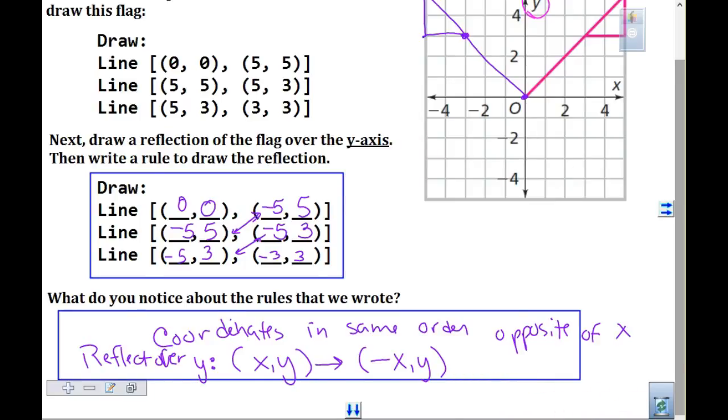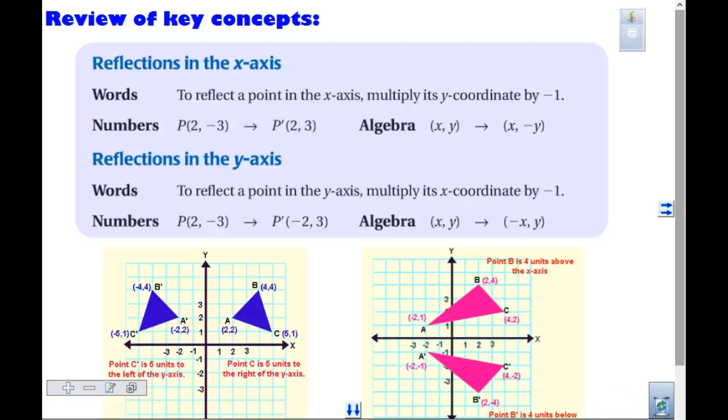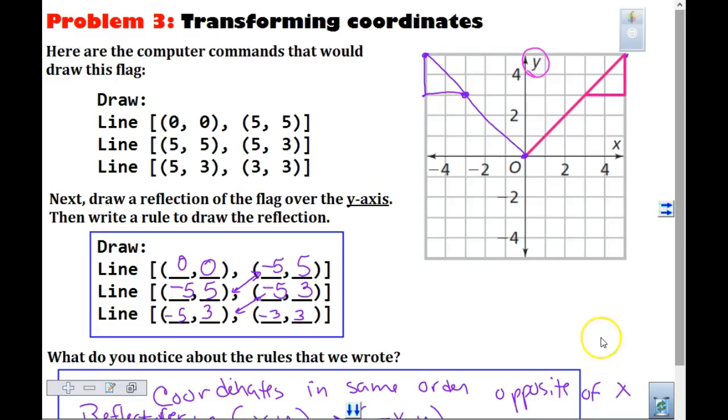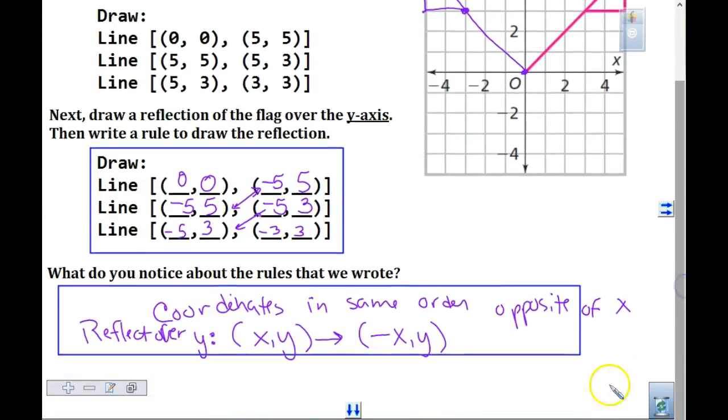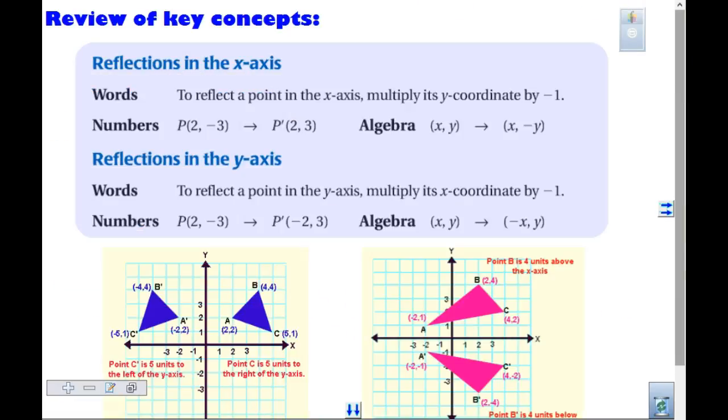So let's do, we did the y-axis, right? Gotta scroll down a little further. Okay, so you're looking at this picture. If you look at this one, we just did this reflecting over the y-axis, right?